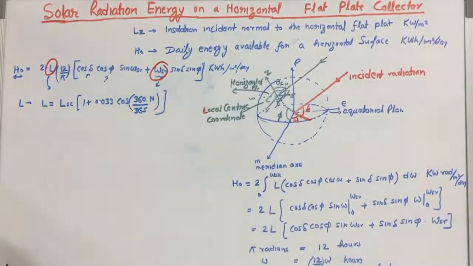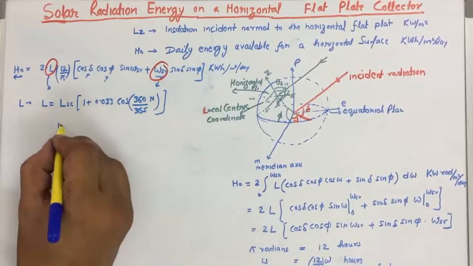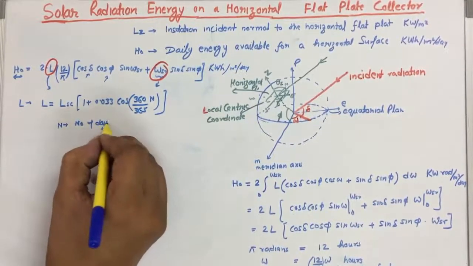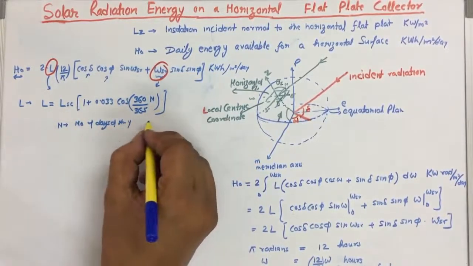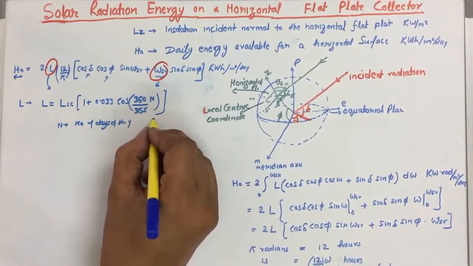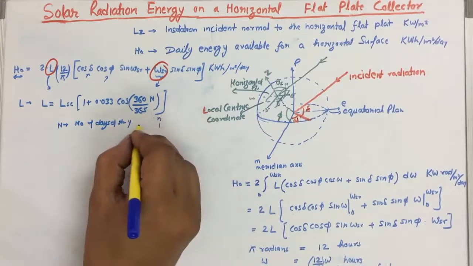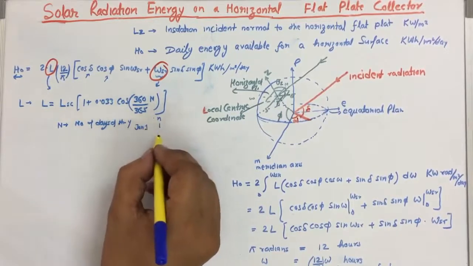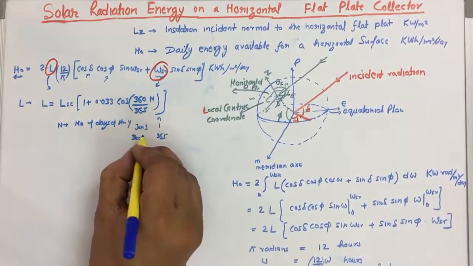This is the term already defined for L with the help of the solar constant, where n is the number of the day of the year. n is equal to 1 for January 1 and 365 for December 31.